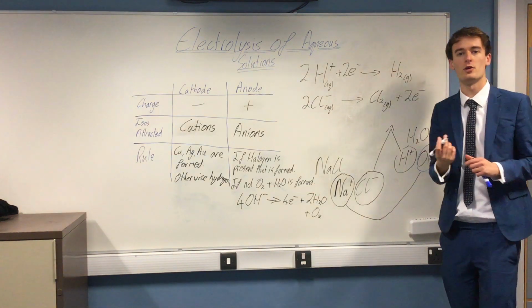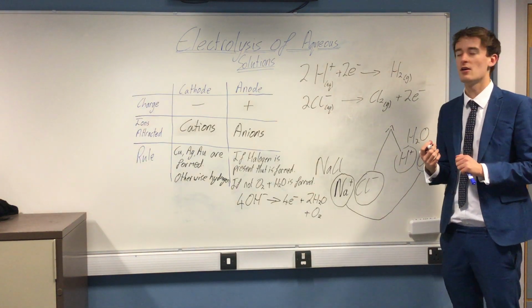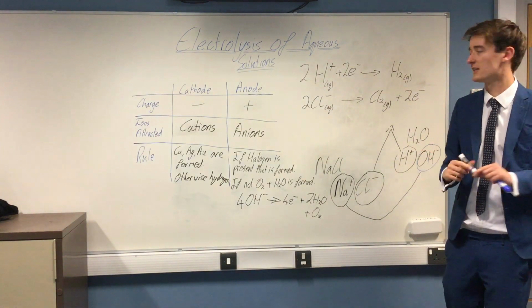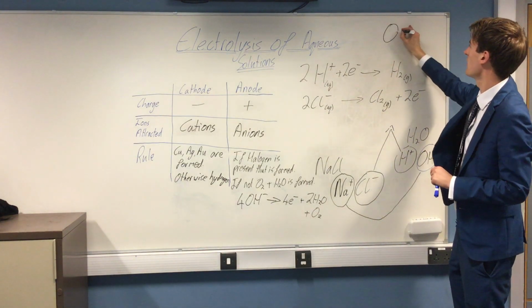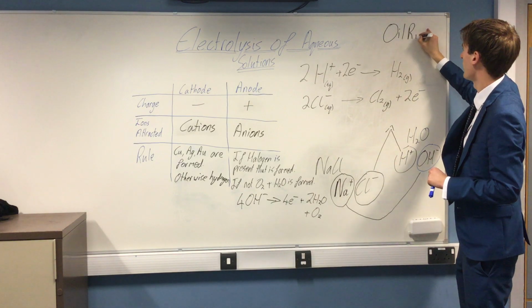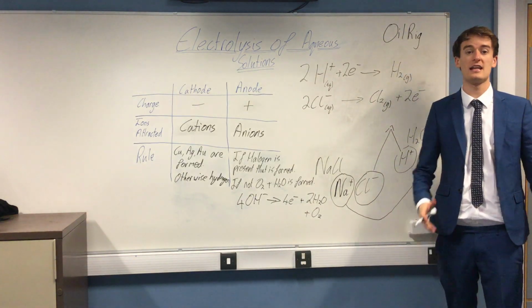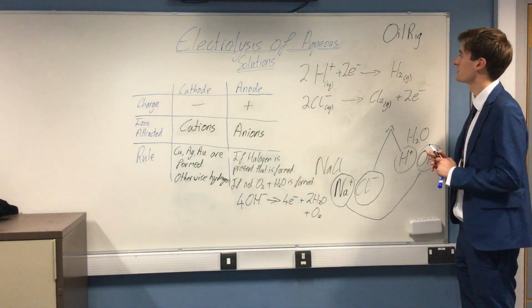We now need to look at which of these processes is oxidation and which of these is reduction. Now, we can look at this in 2 ways. The common mnemonic is OIL RIG, standing for oxidation is loss, reduction is gain. This is referring to electrons.